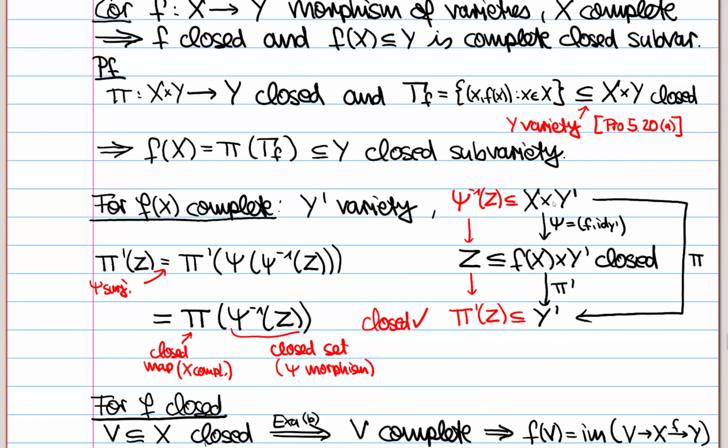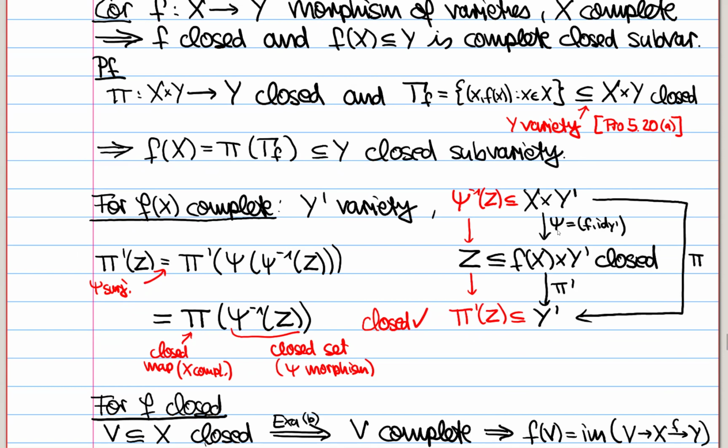And the good thing is that this composition, if you go all the way from here to there, is just the projection that we like. This is just the projection to the second factor, because here we just take the identity, so nothing happened there. So we want to show that Z maps to something closed, so we want to compute pi'(Z).